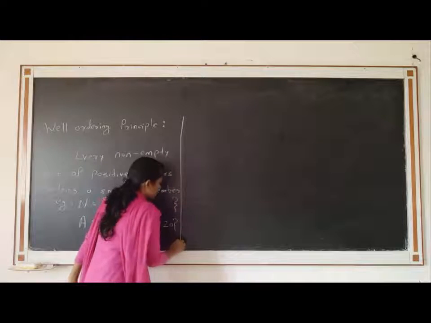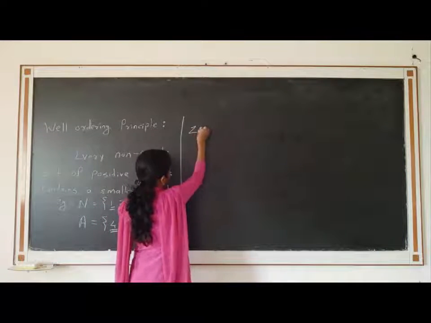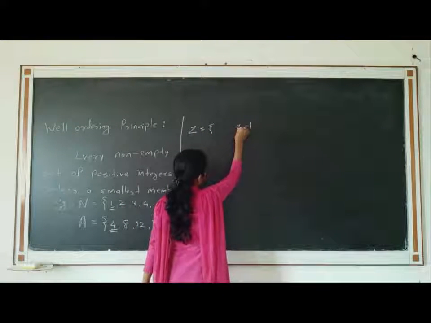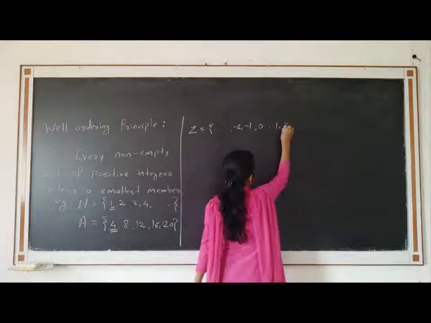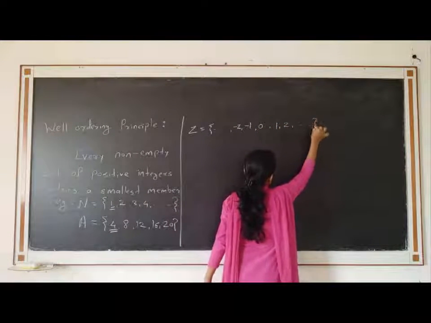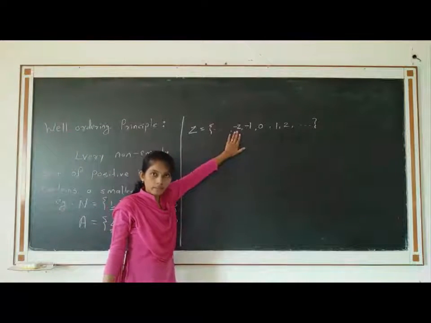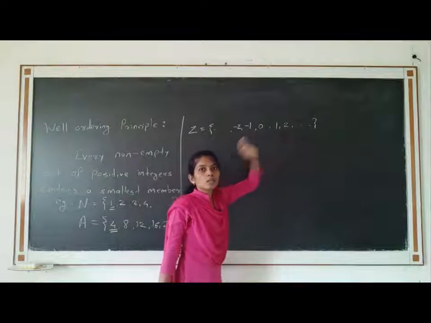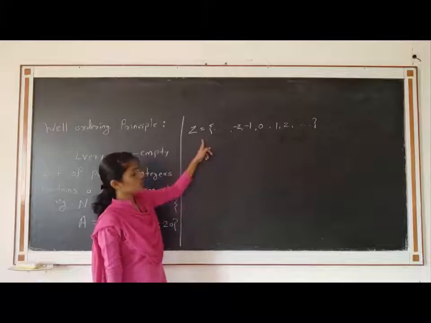Now we consider the next example, set of integers. Minus 1, minus 2 and so on. 0, 1, 2 and so on. So here this set contains the negative numbers, 0 and positive numbers. So here in this example we can't tell about the smallest member.